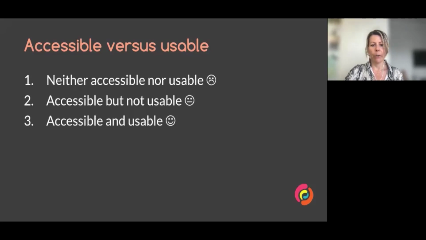The next scenario is where a button is accessible, but not particularly usable by everybody, or the experience itself is not very pleasant. And then the last scenario is what we're really aiming for with all of our digital products, and that's that they are accessible and usable and a pleasant experience.